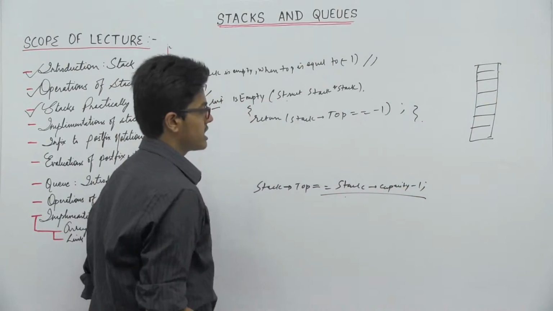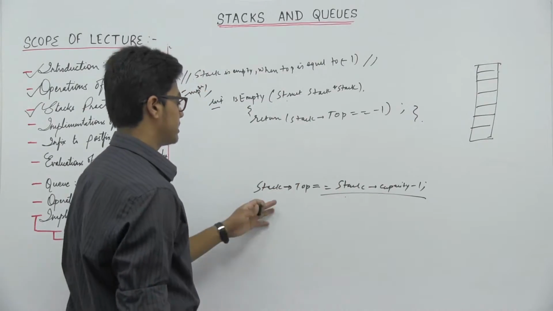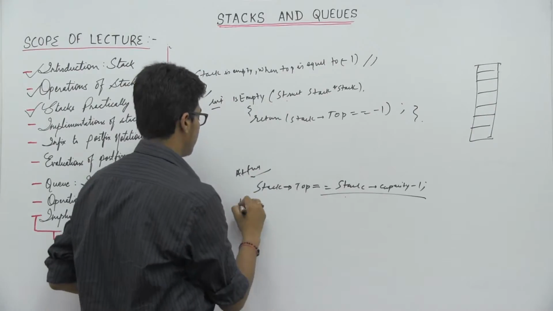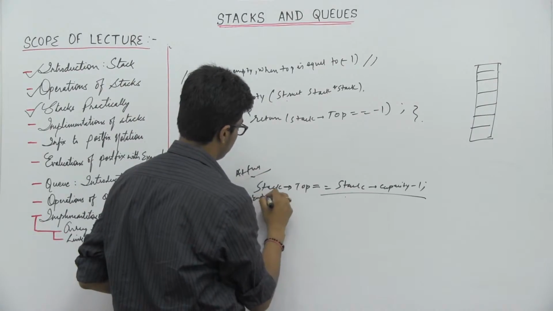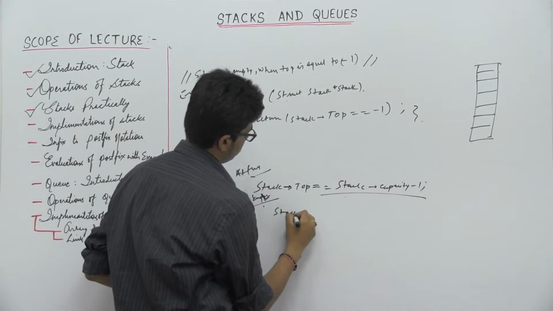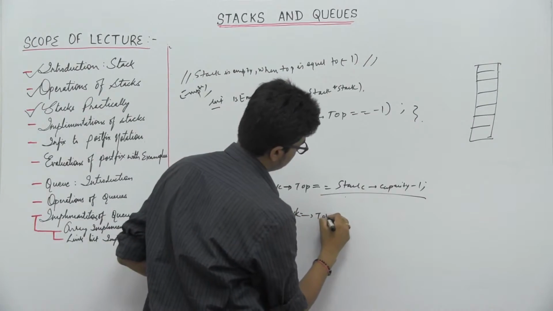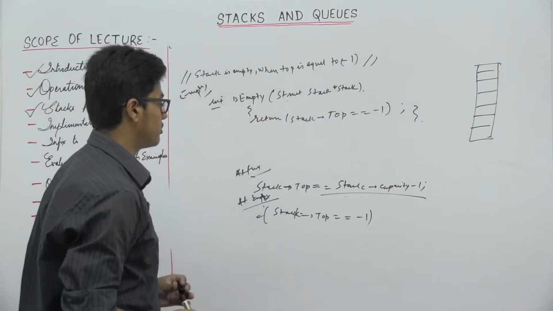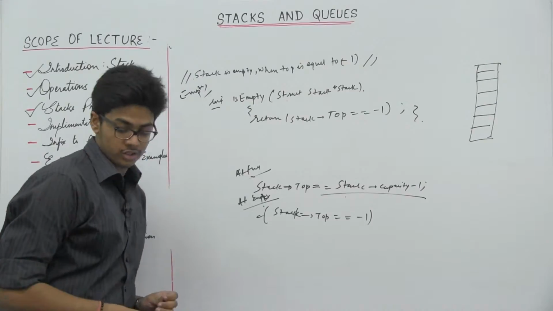Whatever the capacity of the stack, that capacity minus 1 is the stack of top at the full condition. At the empty condition, we can write stack of top equal to minus 1. So these two statements are used to show at which position the stack top is.